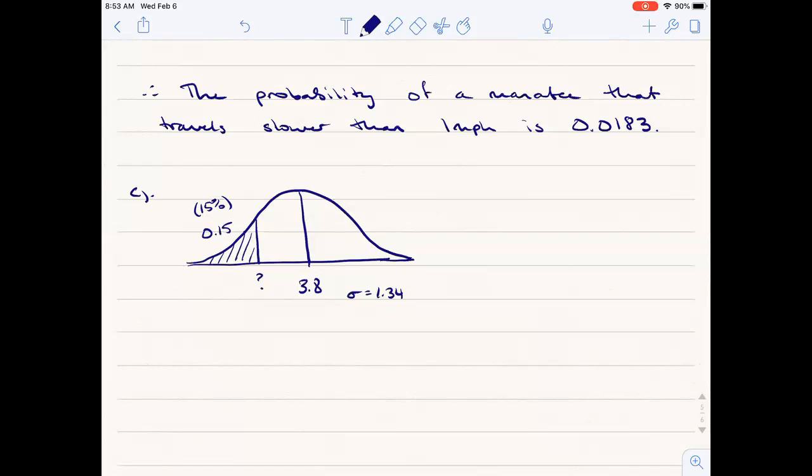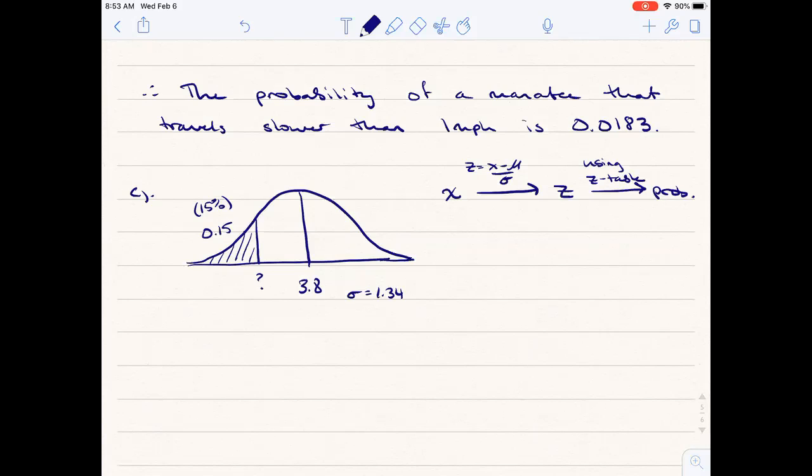So before, we were finding x, and then z, and then a probability. We went from x to z using z is x minus mu over sigma. And then from z to a probability using the z table.